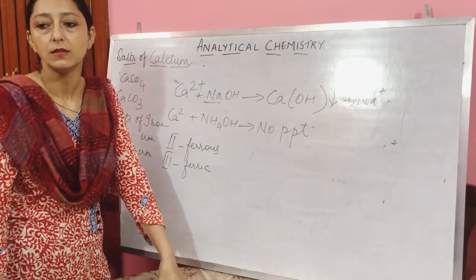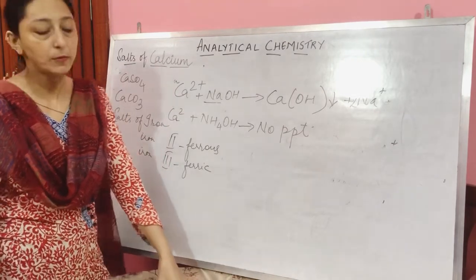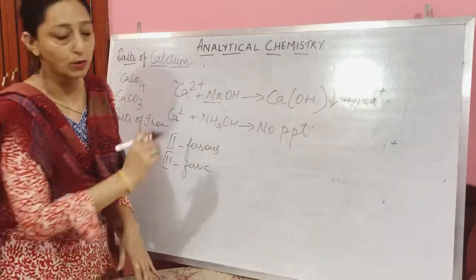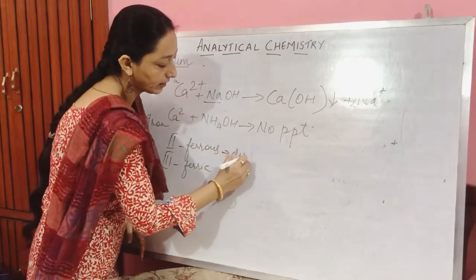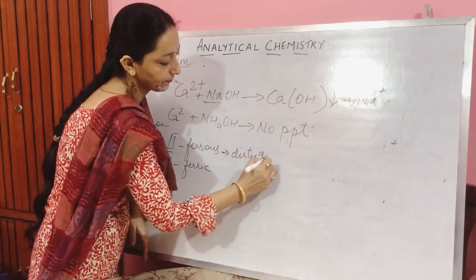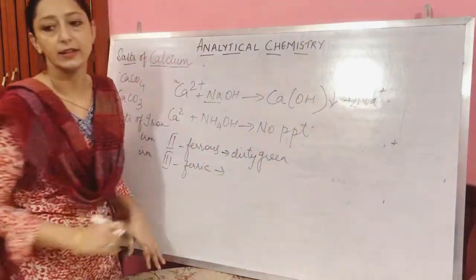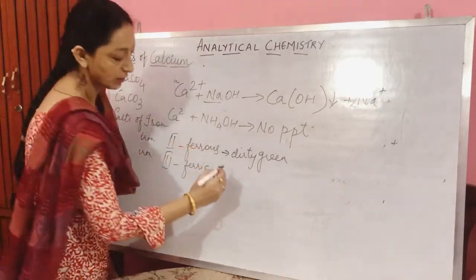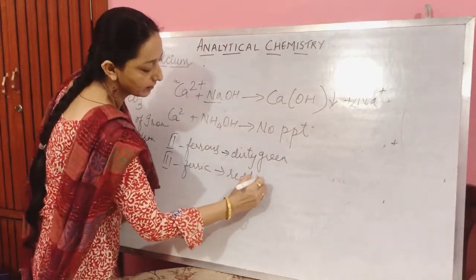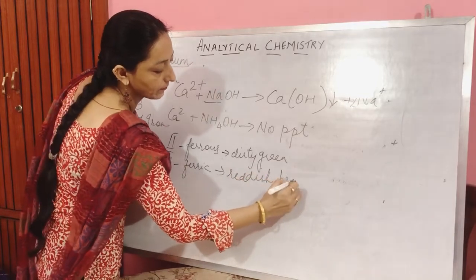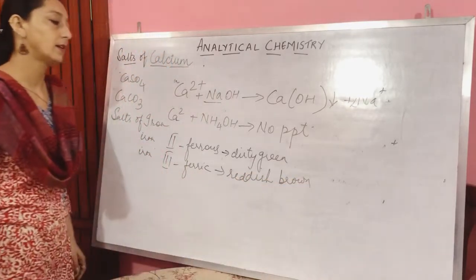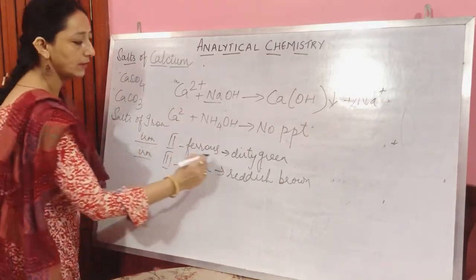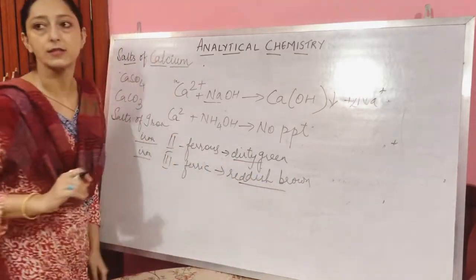The precipitate formed by iron 2, that means ferrous, is dirty green in color, and that of iron 3 is reddish brown in color. So they give different colors.